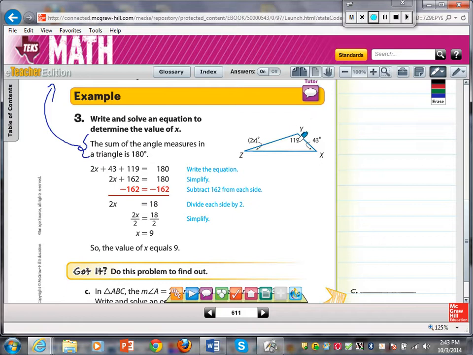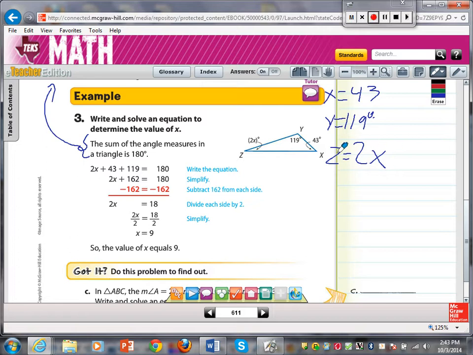It says that this angle here, angle Y, is equal to 119 degrees. They're telling you that angle X is equal to 43 degrees. And then they're telling you that angle Z is 2 times x. What they want to find out is what x is.